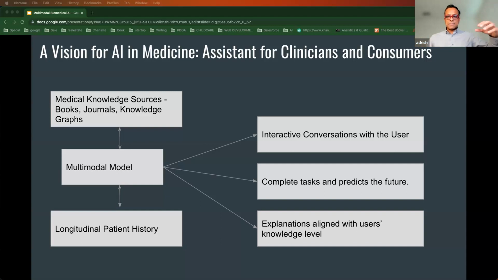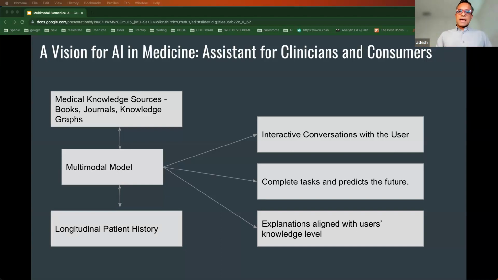Behind the scenes, this agent is going to have a couple of interesting things. First, it should have access to my electronic medical record, and that's where privacy comes into the picture, but it is possible to access those things in a secure way.